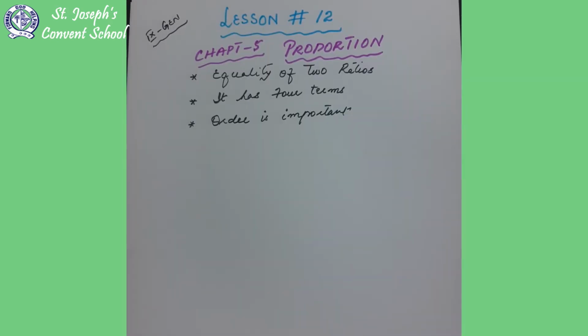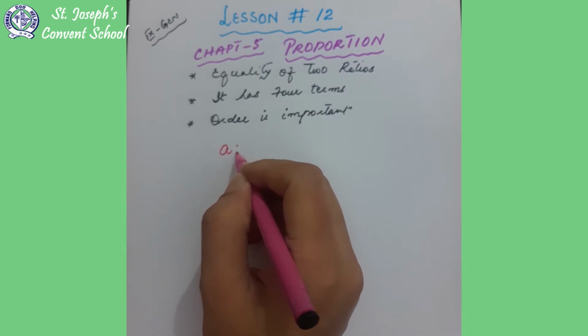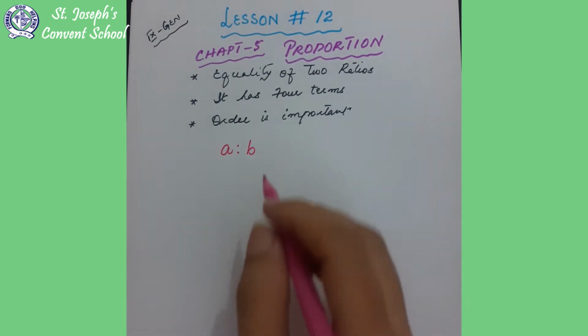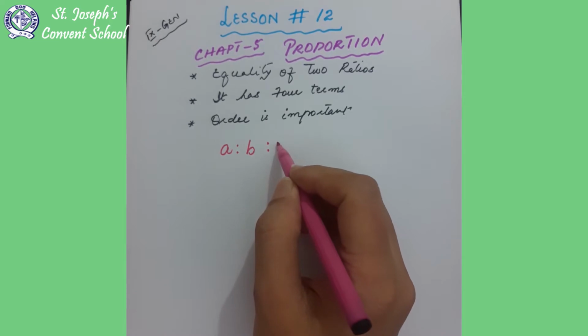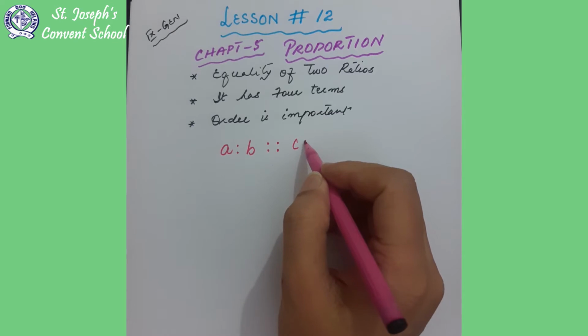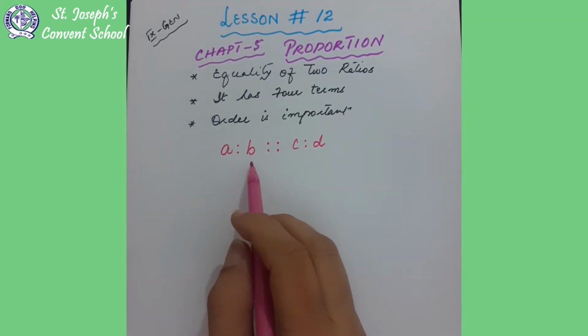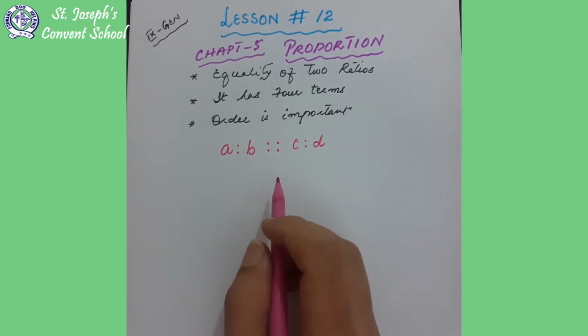Now, equality of two ratios. Suppose that the first ratio is A is to B. A is to B is the first ratio, and we will put four dots. Four dots means proportion, and the second ratio is C is to D. These four dots mean the proportion sign.